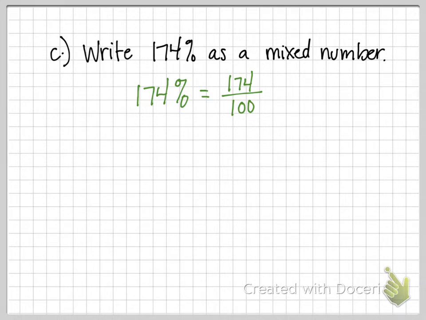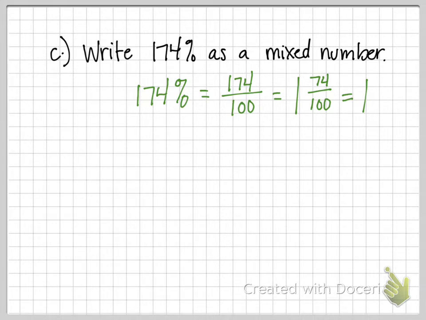So 100 goes into 174 one time. So our big number in our mixed number is going to be 1. How many are left over when I pull 100 out of 174? 74. 1 and 74 hundredths. But we must simplify. The 1 is still out there. These are both divisible by 2.